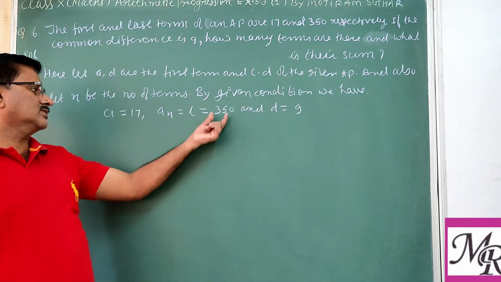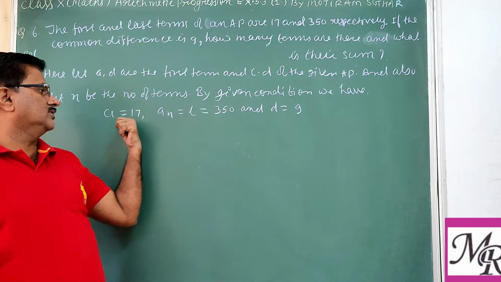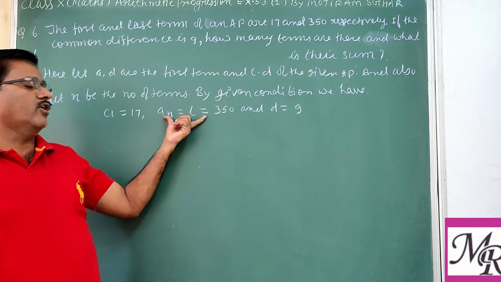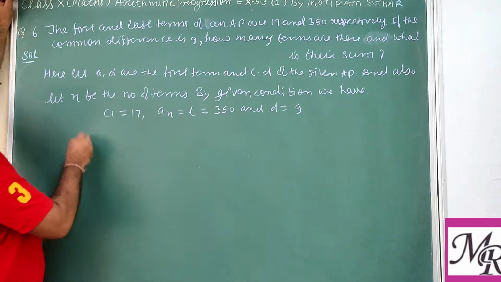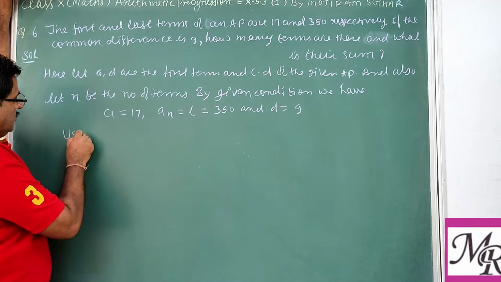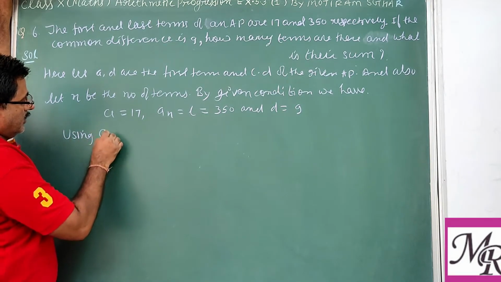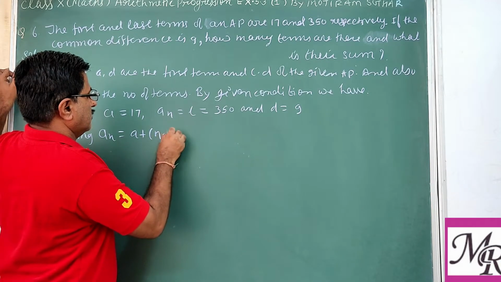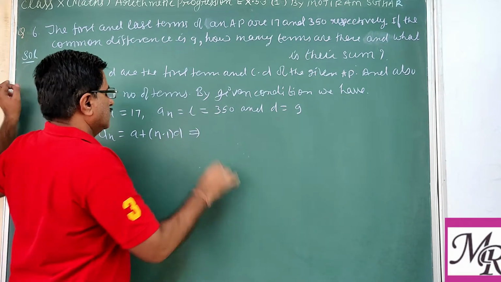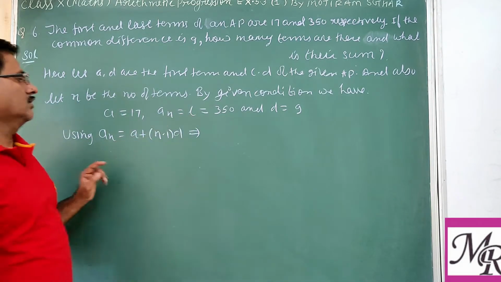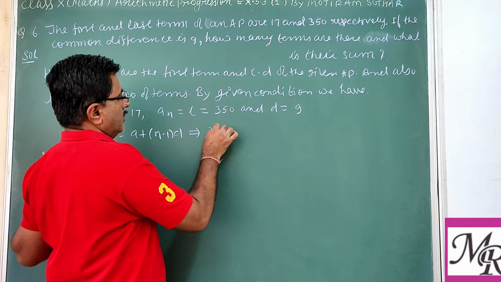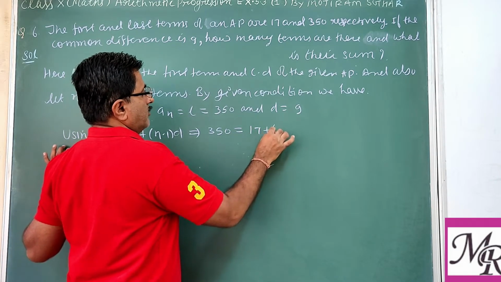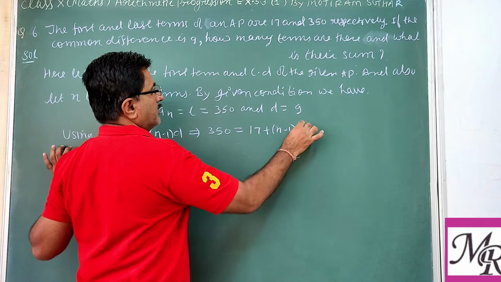So now the last term is given, the first term is given, d is given. So we can find n using the formula of the nth term, a_n equals a plus (n minus 1) into d. So put the value a_n as 350, a as 17, n we want to find, and d is 9.